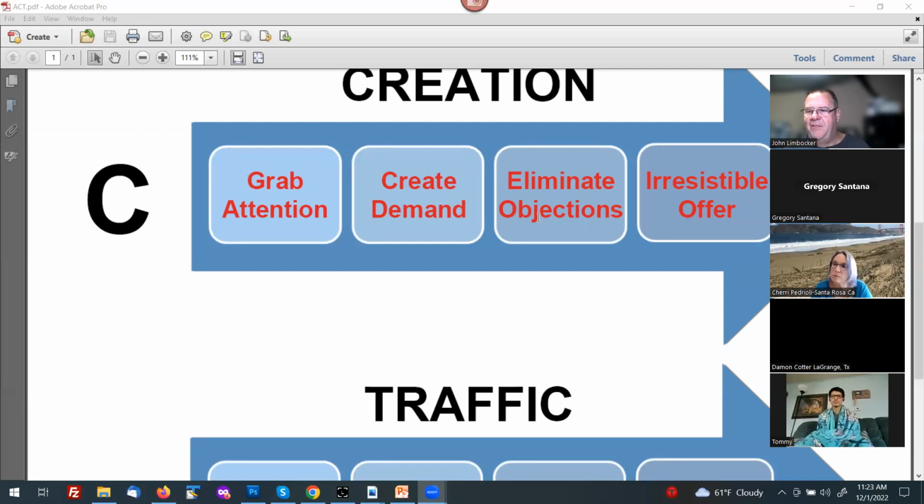Remember I said every belief creates an objection, or every objection is based on a belief. If there's a belief in the way of you making a sale, and you have the magical power to invert that belief, now what's the belief? The belief is they want to buy your product, not that they don't want to buy your product.